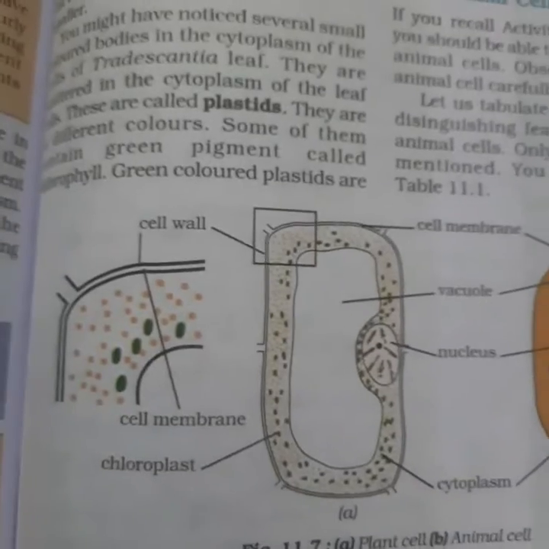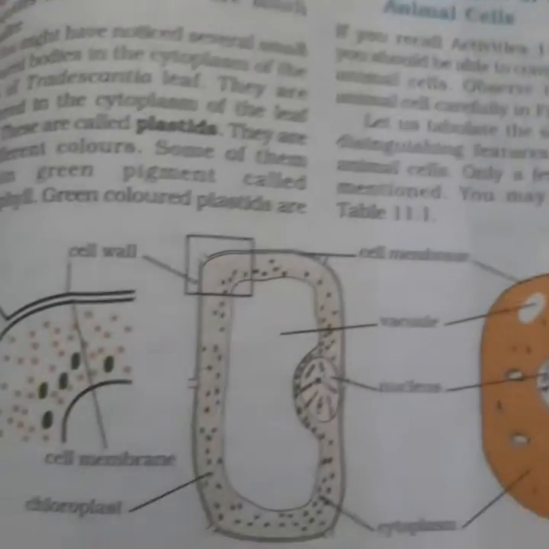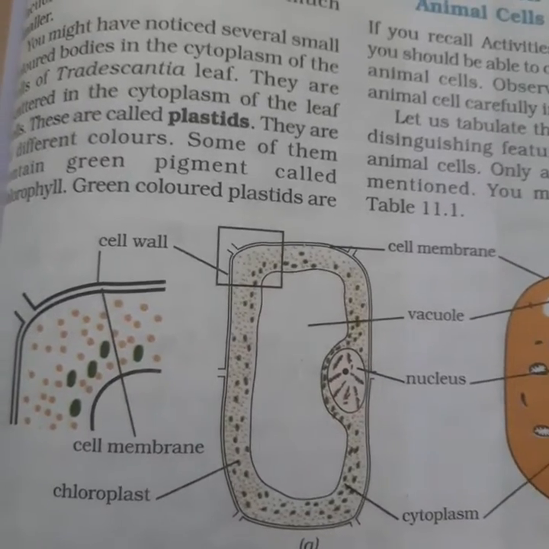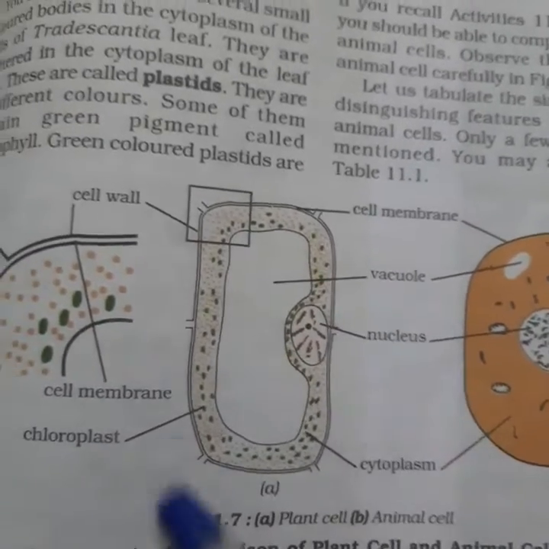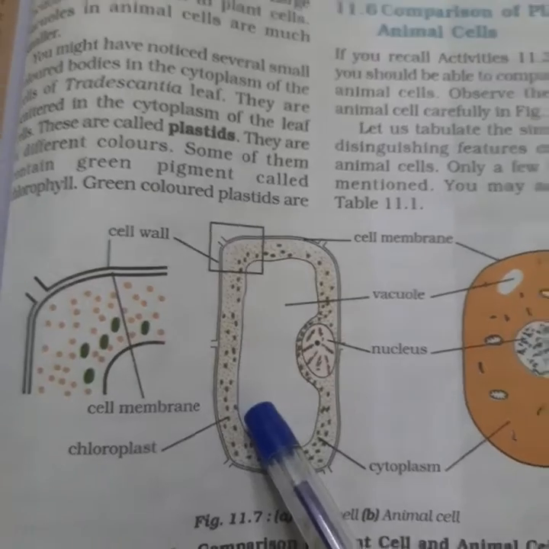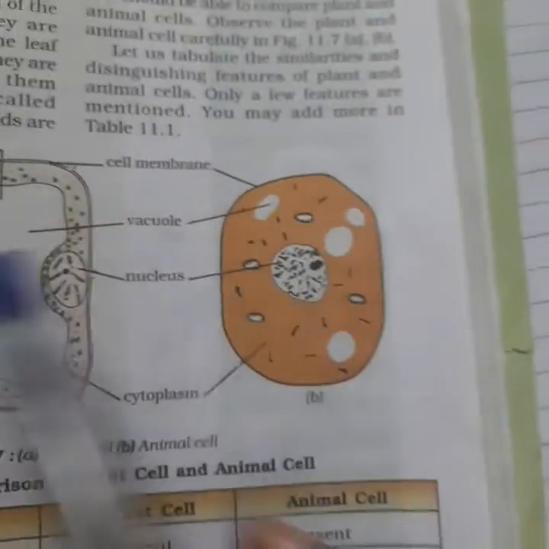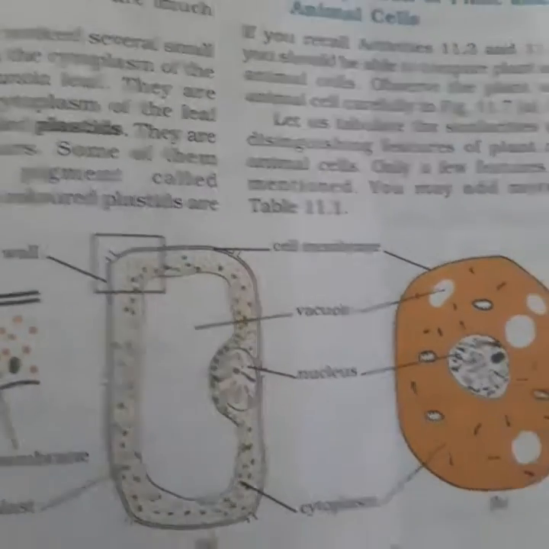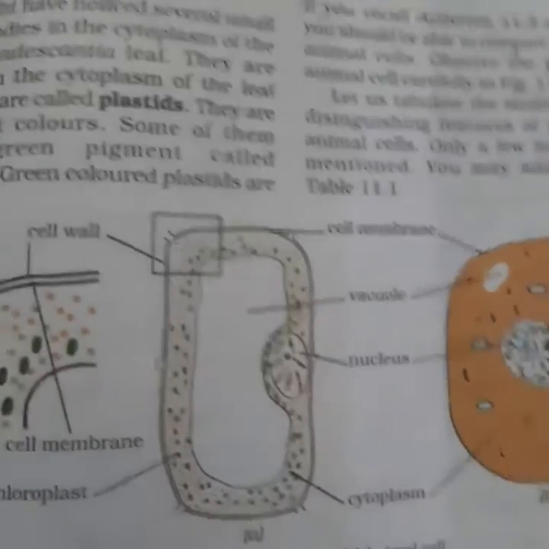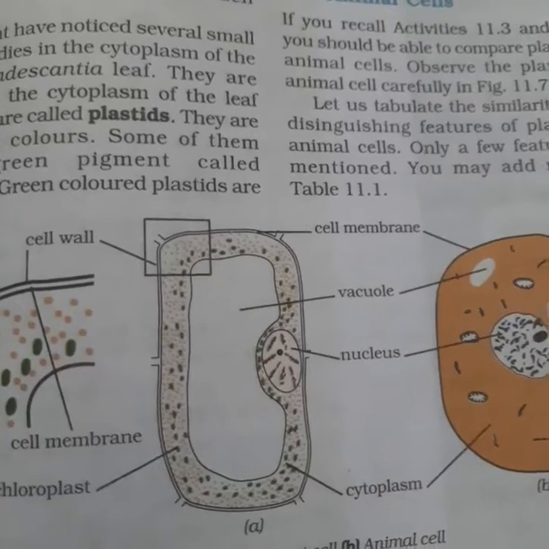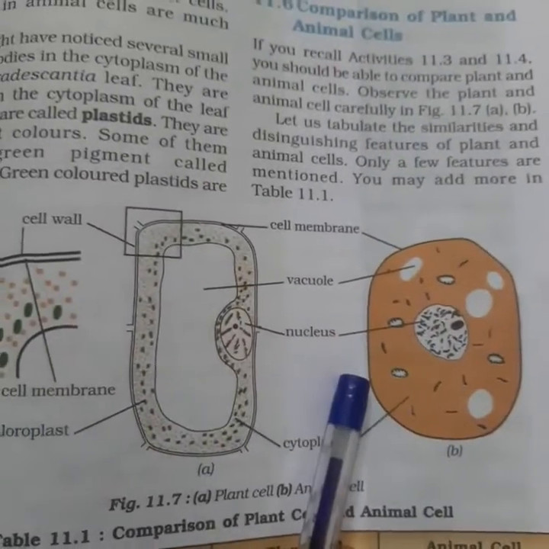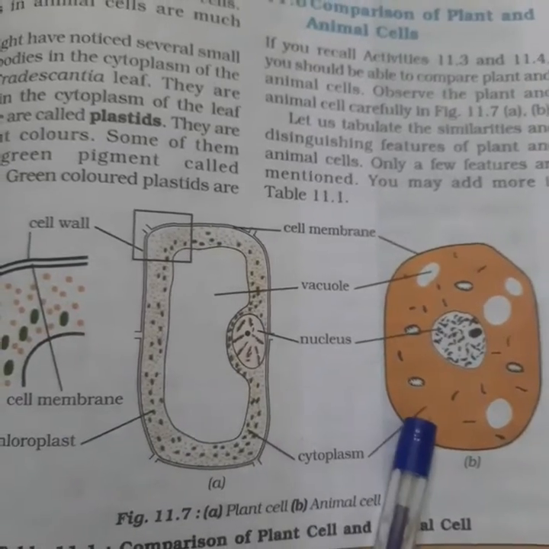So dear students, our next topic is comparison of plant and animal cell. We have seen plant cell so far. Now we compare plant cell and animal cell. I want to give you this as homework. They have given the pictures of two cells. Just compare them and fill this table.